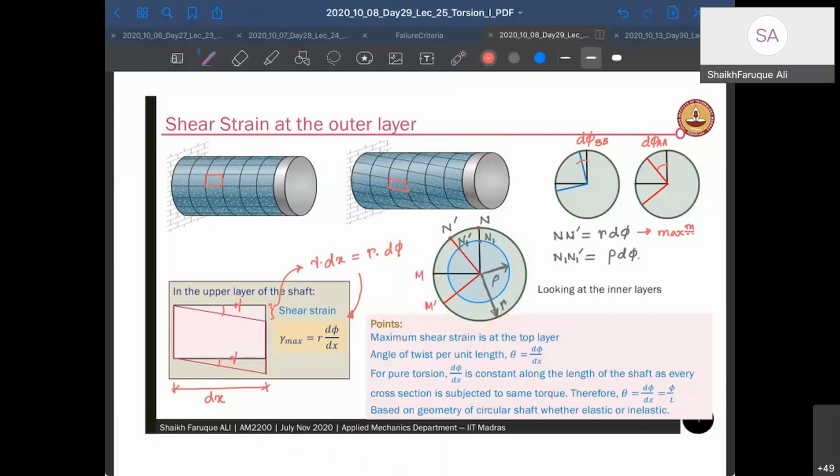If I look within the material, within the radius here, that's my maximum radius, R. If I look at another circle which is inside it, at a radius of rho, its original location was N1. It has moved to N1 dash, right? Now this arc is given by R d phi, so this arc will be given by rho d phi, because the radius is rho. Phi is constant here.